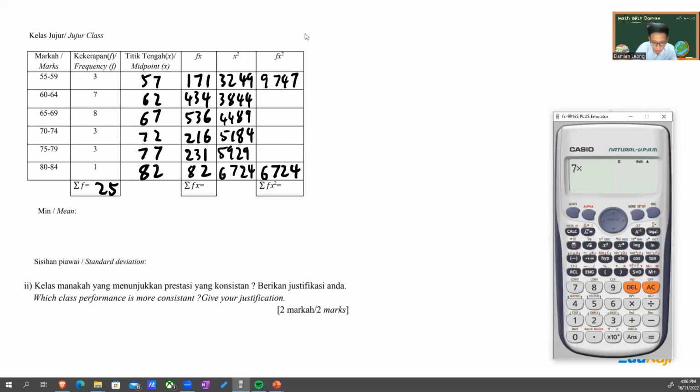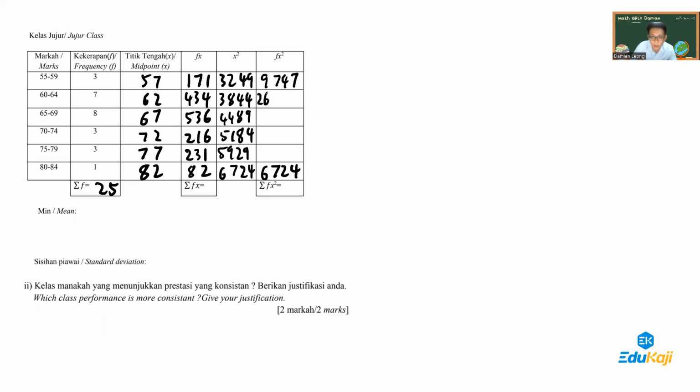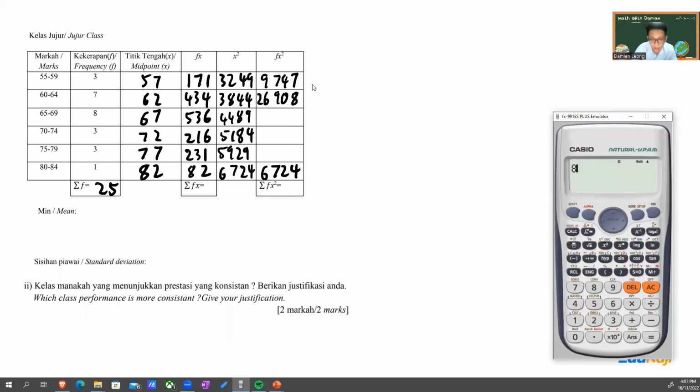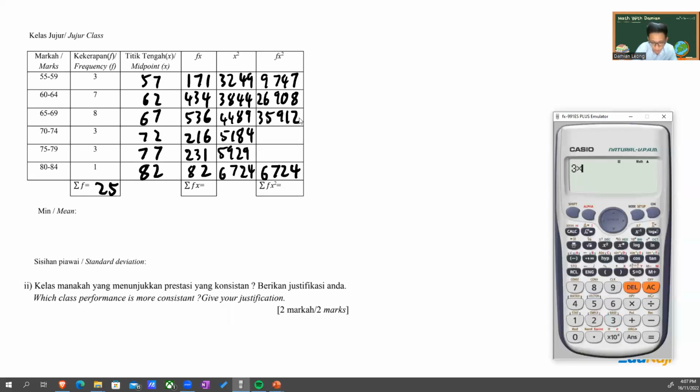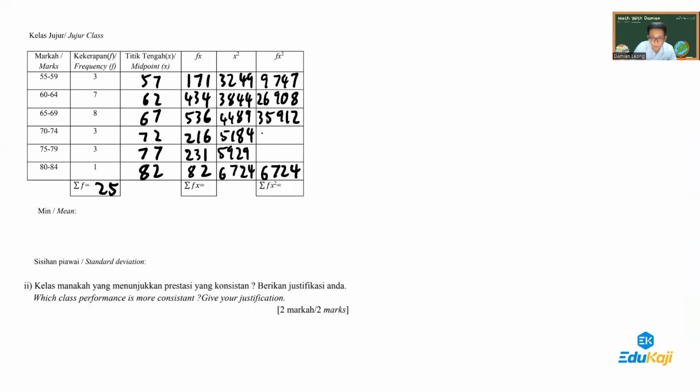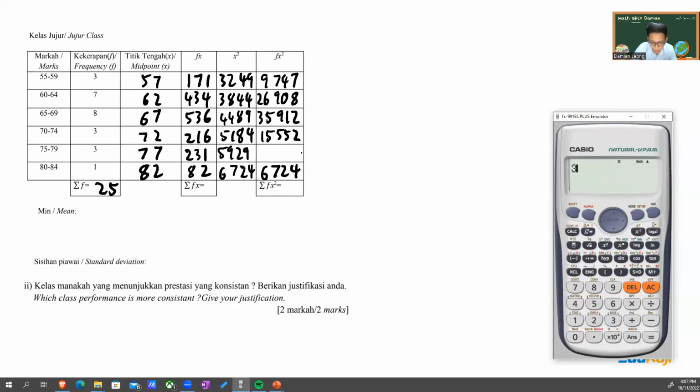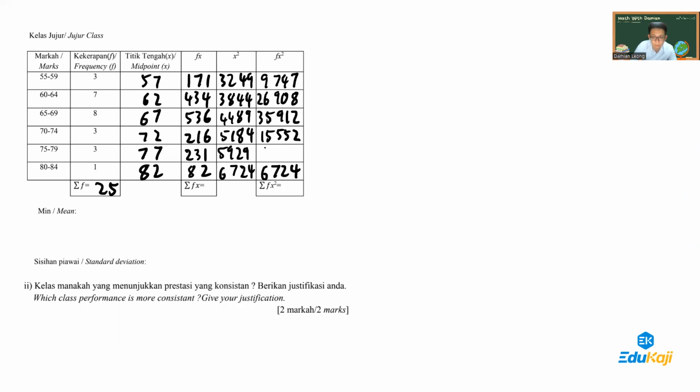And 7 times 3844, 26908. 8 times 4489, 35912. 3 times 5184, 15552. 3 times 5929, 17787.